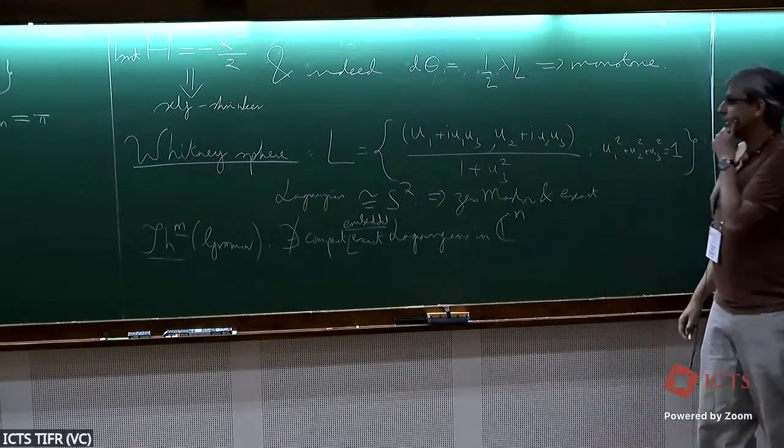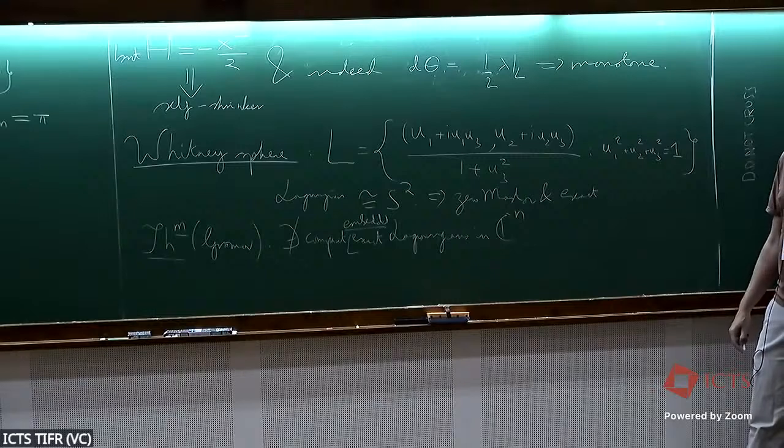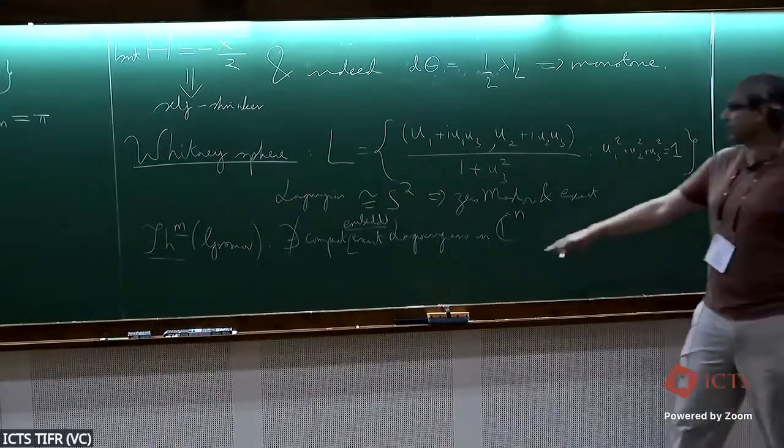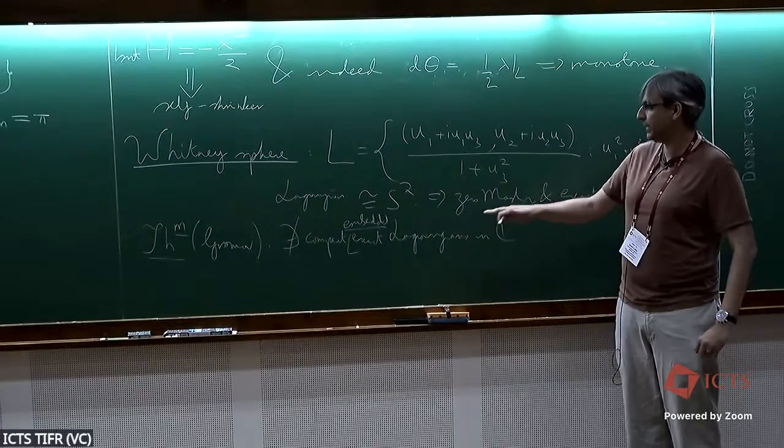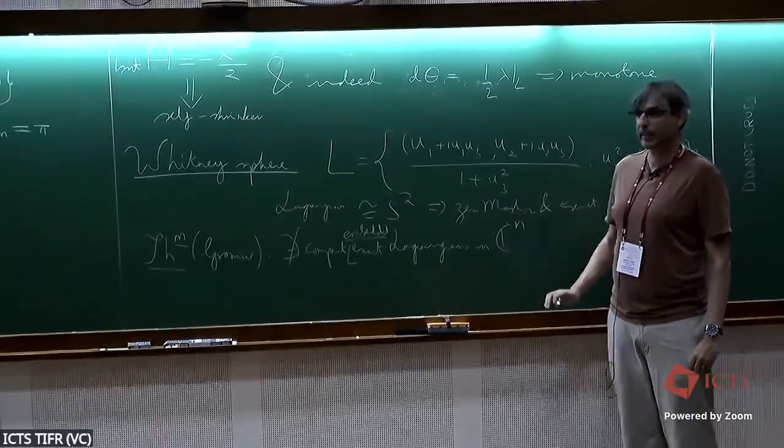So those don't exist. So that means this thing has to be immersed. So it says there do not exist compact embedded exact Lagrangians in C^n.